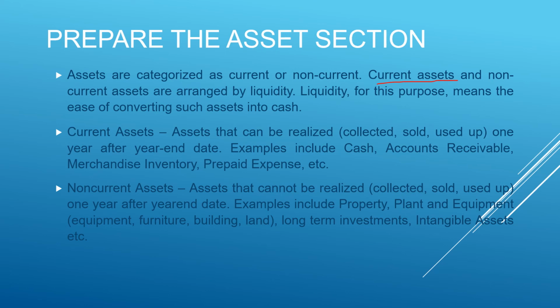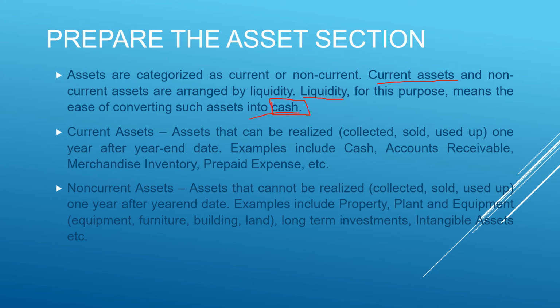Current assets and non-current assets are arranged by liquidity. Liquidity for this purpose means the ease of converting such assets into cash. So what is the most liquid asset in the universe? Okay, it is cash. This is the most liquid asset in the world. Why? We can easily use cash in any transaction. If we want to buy something, we can use cash.